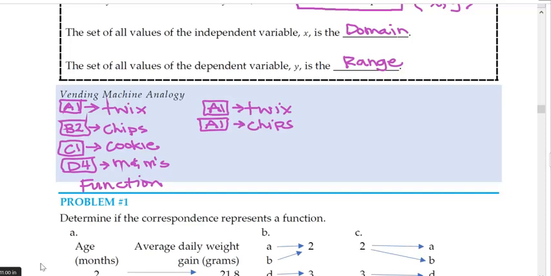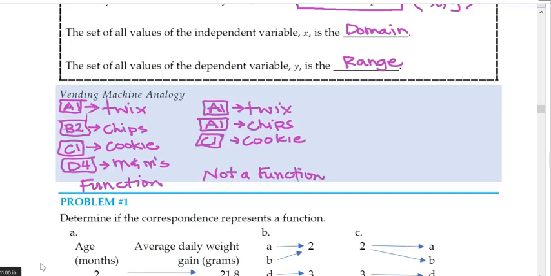Well, that would be a problem because when we click on A1, we don't know what we're going to get. We could have other things in here too, like our cookie, but the thing we need to remember is that these values can't repeat. We can't have the same button.